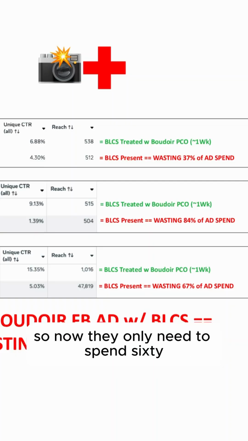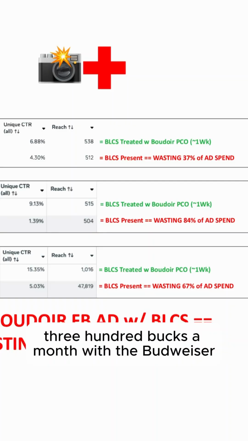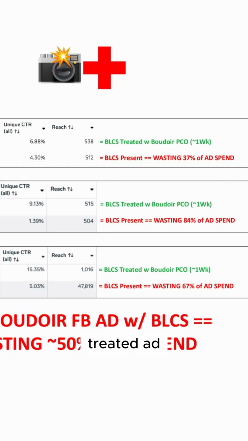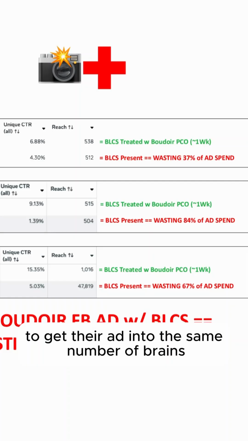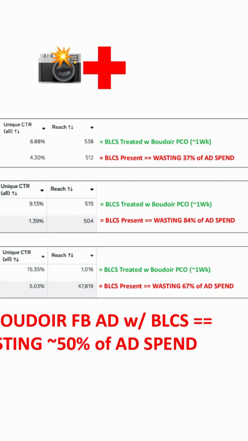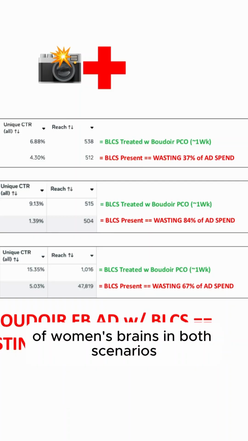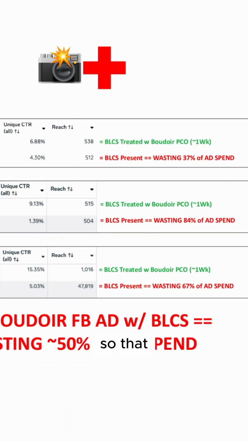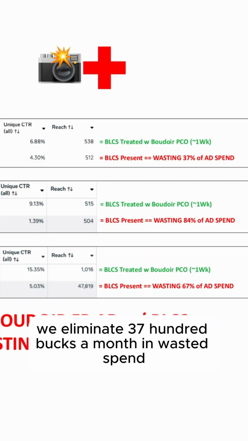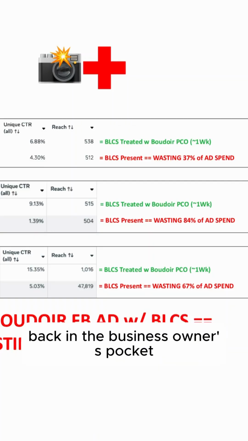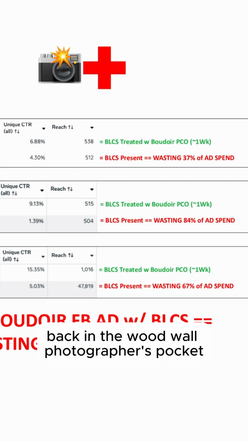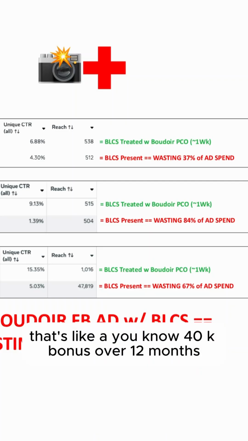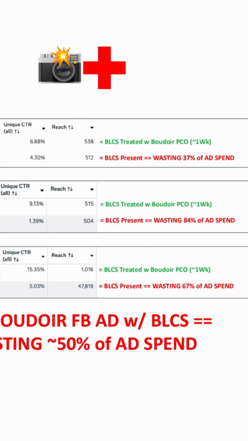Now they only need to spend 6,300 bucks a month with the Boudoir Pico treated ad to get their ad into the same number of women's brains in both scenarios. So we eliminate 3,700 bucks a month in wasted spend, back in the Boudoir photographer's pocket. That's like a 40K bonus over 12 months.